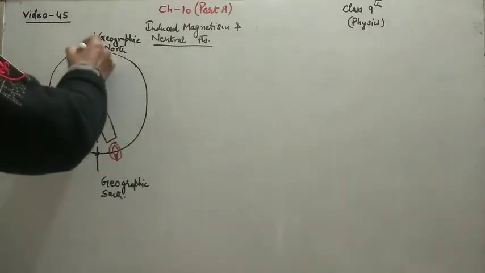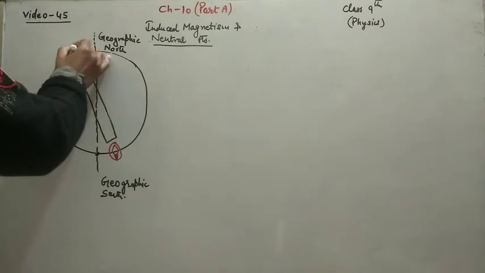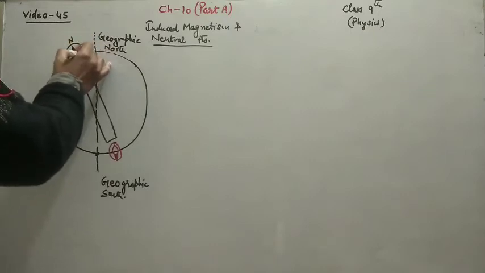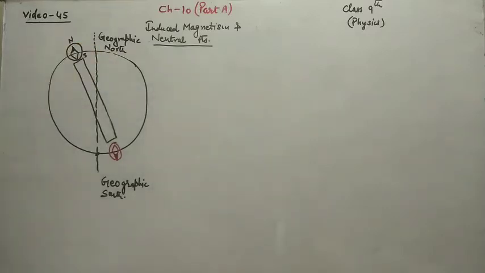And if I keep the magnetic compass somewhere here in this way, the magnetic compass north will point in this way, and this is the south.